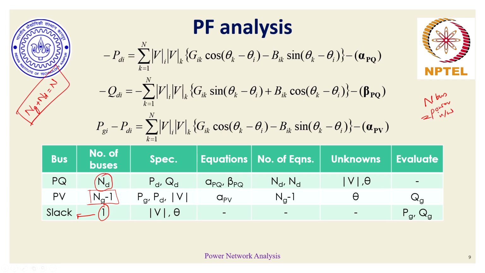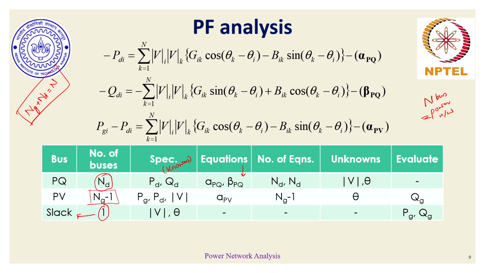Then for each of these types and number of buses, the associated known quantities or specifications are given in the third column of the table. The equations to be solved for power flow, their numberings are also mentioned.